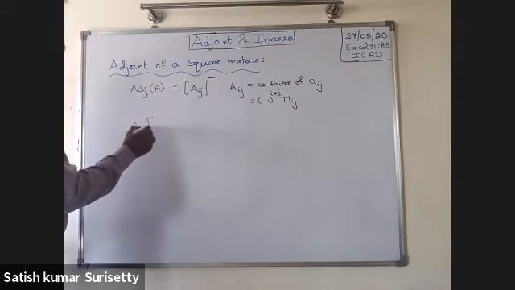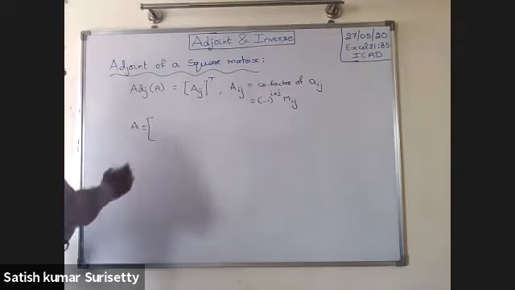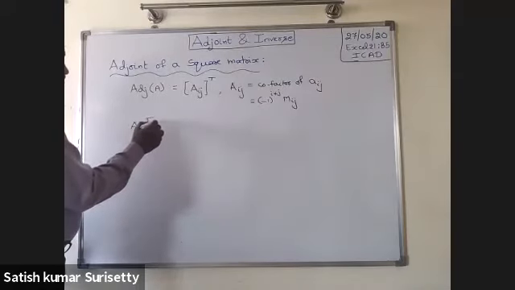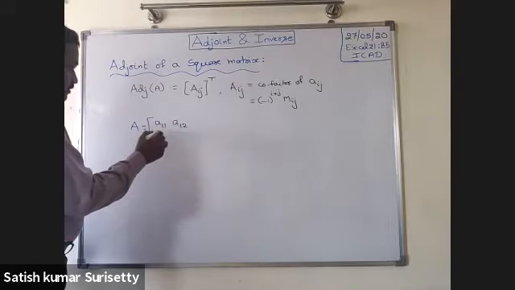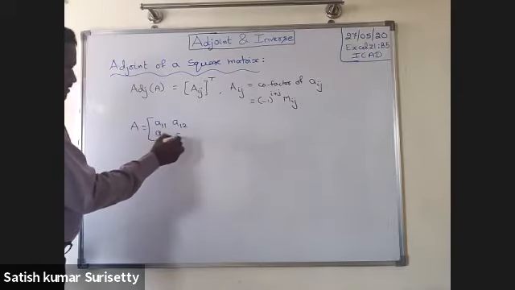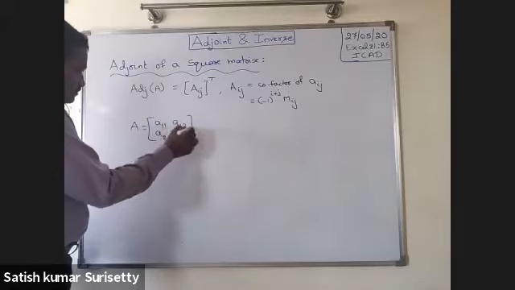Let A equal to a 2 by 2 matrix: A11, A12, A21, A22.